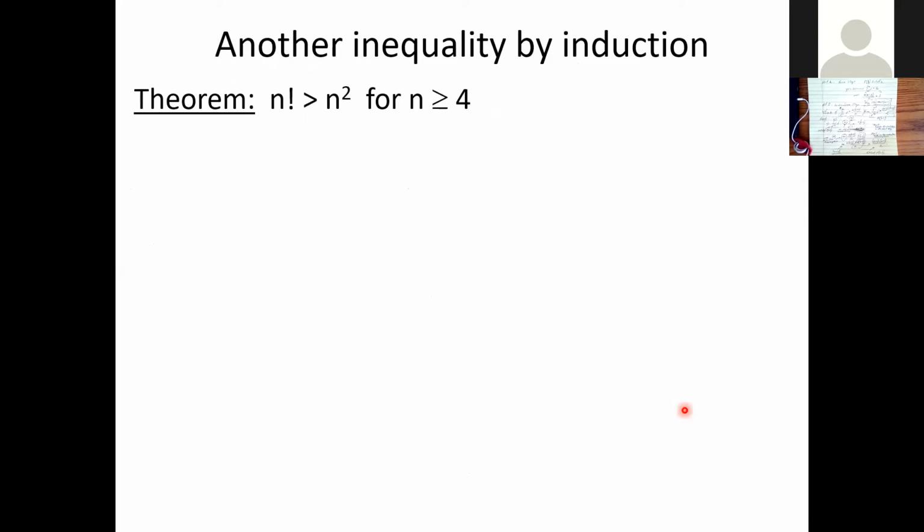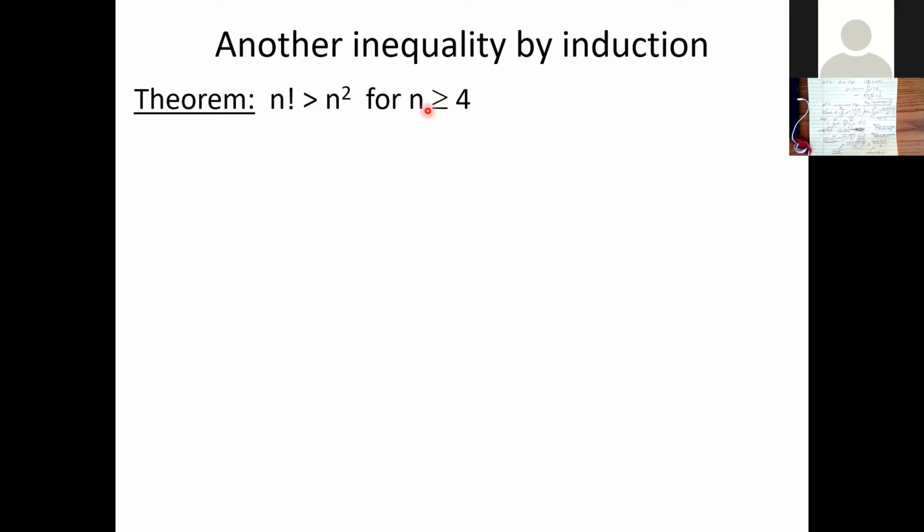Okay, so another example. You're claiming that n factorial is greater than n square, and that this holds for all integers greater or equal to 4. There's two differences. We don't start at n equal 1 or 0, or it was 1 last time.